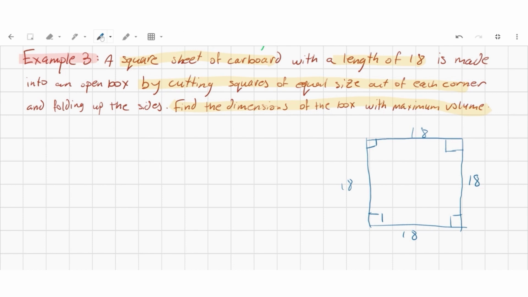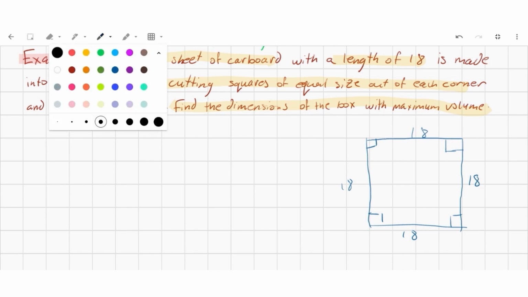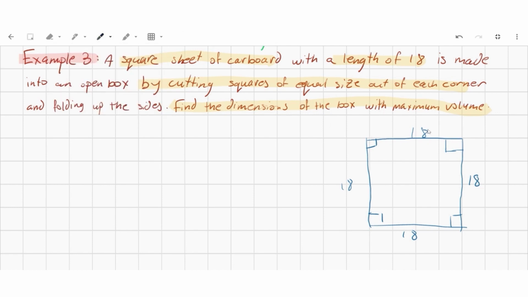Usually if we're working with just a normal square, we would be taking 18 as the value itself. But here we can see that each side here is supposed to represent x. What happened is that we removed an x from the left and an x from the right.